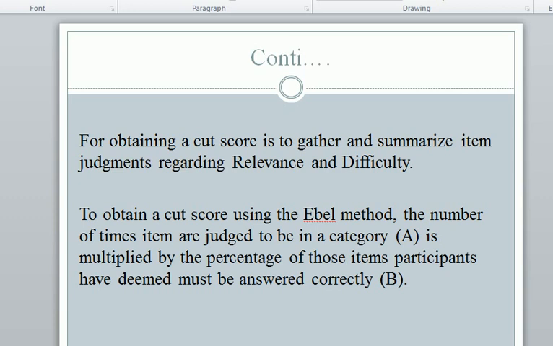To obtain a cut score using the Abell method, the number of items judged to be in category A is multiplied by the percentage of those items that participants have deemed must be answered correctly, B. It means the experts determine the items they consider must be answered correctly, B. So these are two categories.